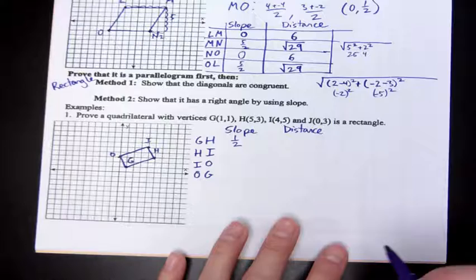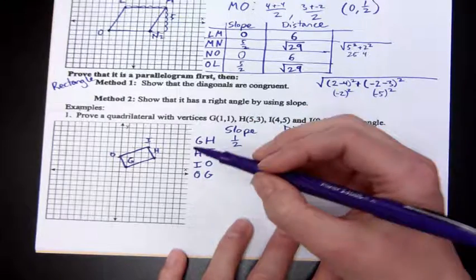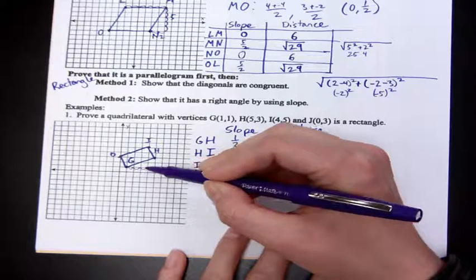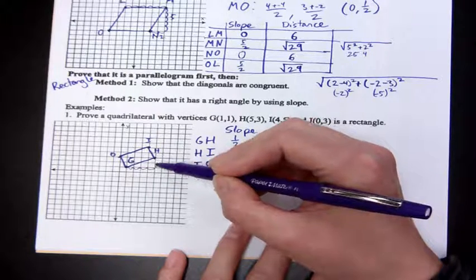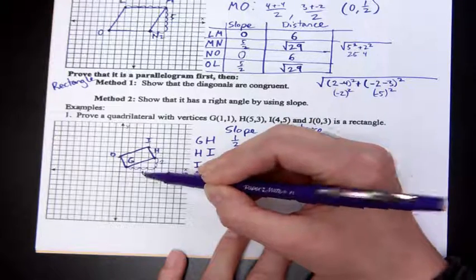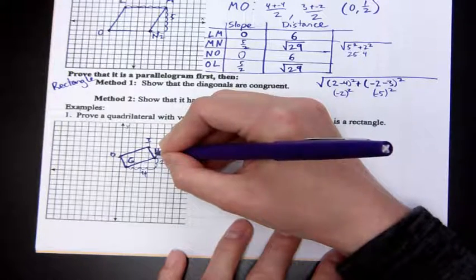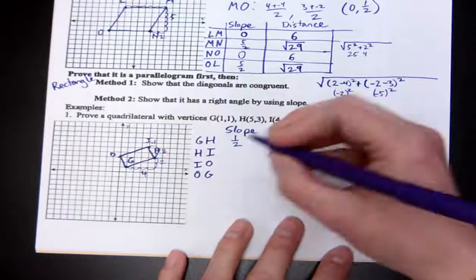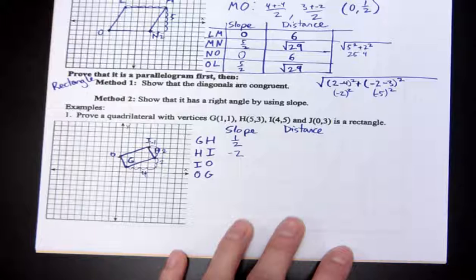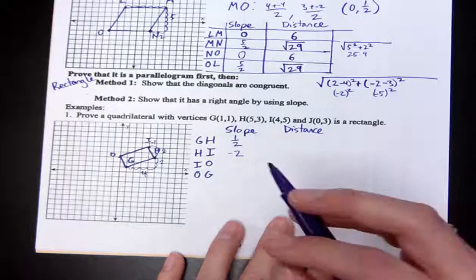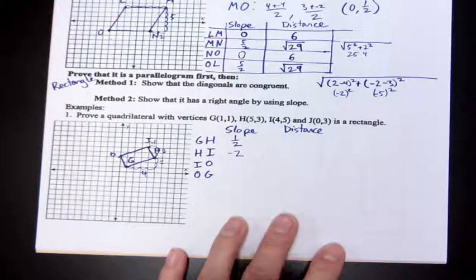So I to H is -2, right? Okay, so this one was up 2 over 4. I'm drawing it out because then we can do Pythagorean theorem real easily. I and H is up 2 back 1. So it becomes -2. IJ, is it the same 1/2 slope? Yeah.